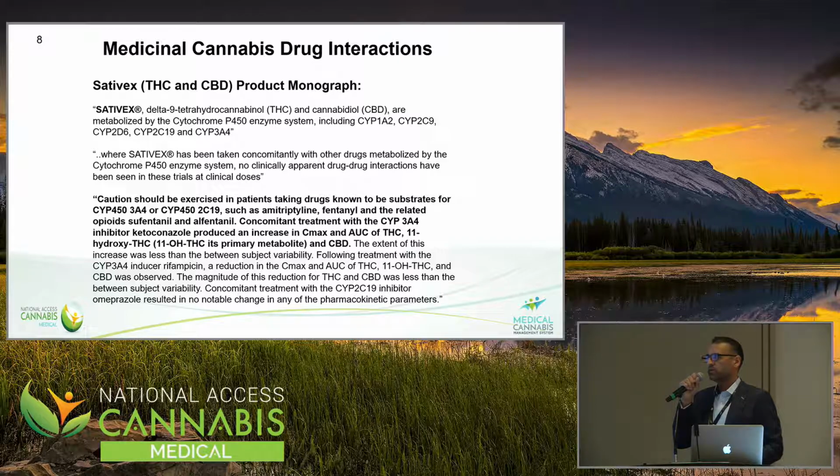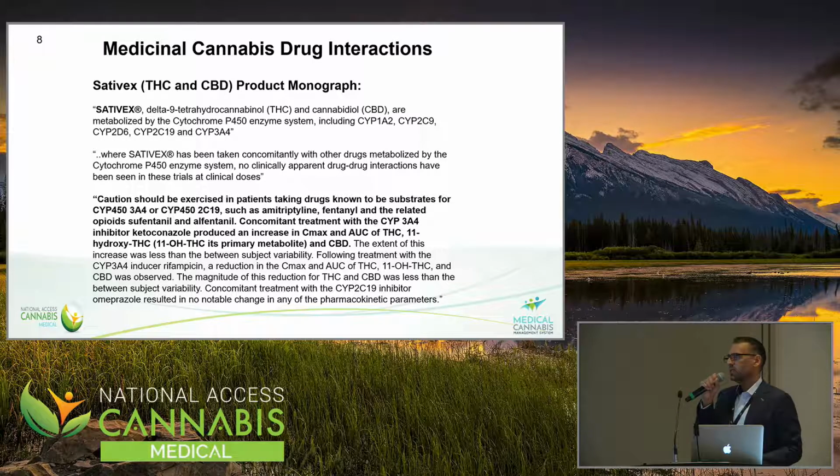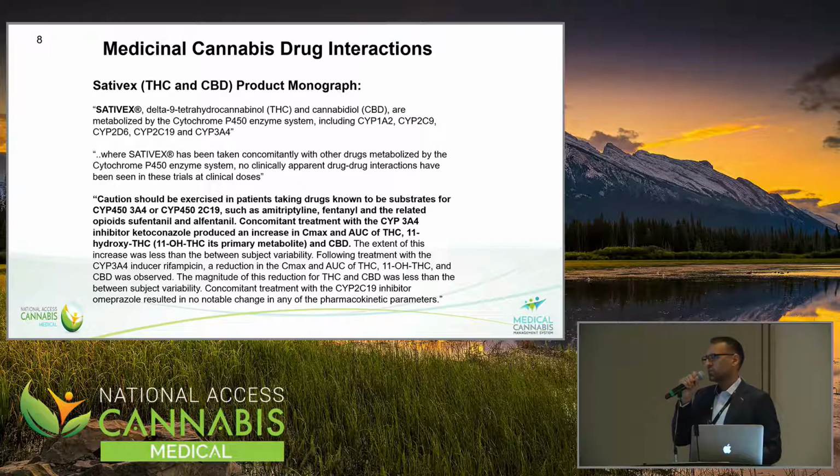Ketoconazole, they do go out and say and reference that there's an increase in that. And then further along, the drug similar to rifampicin, they do mention that drug, as was previously discussed. And then again, 2C19, they mention omeprazole as well, no notable change.